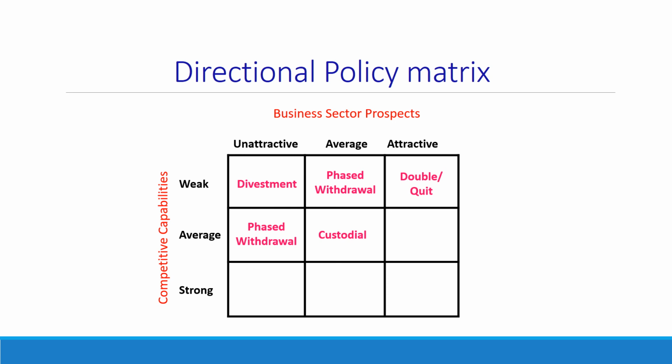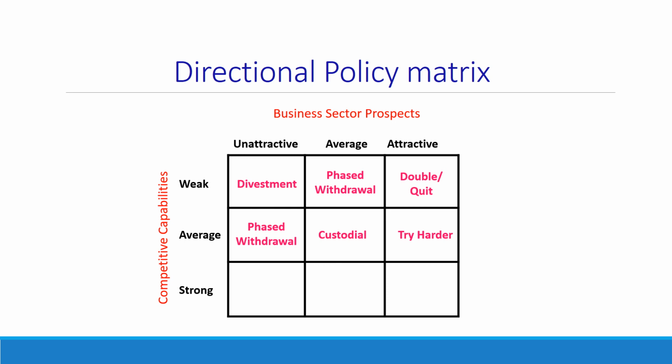The next is where the business sector prospects are attractive but the competitive capabilities are only average. Here, the company has to try harder to take advantage of the attractive business prospects. That is the strategy to be followed in this situation.